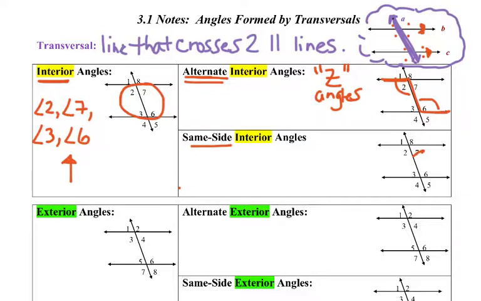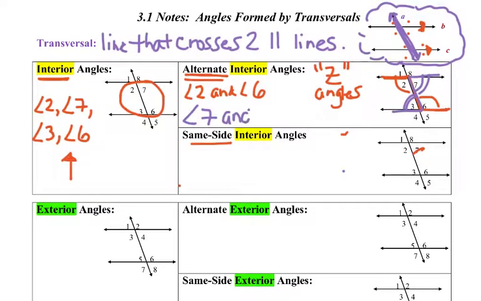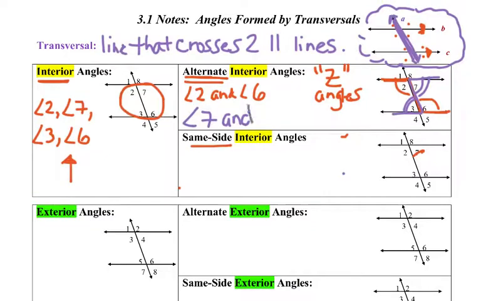So they come in pairs. One pair would be angle 2 and angle 6 is a pair of alternate interior angles. And then here angle 7 and angle 3 form what we call a backwards Z. Angle 7 and angle 3 are another pair of alternate interior angles.